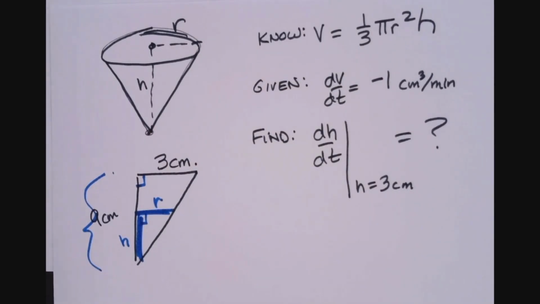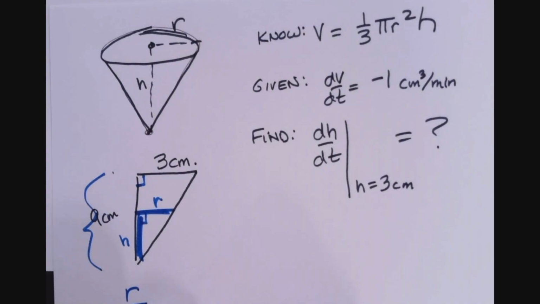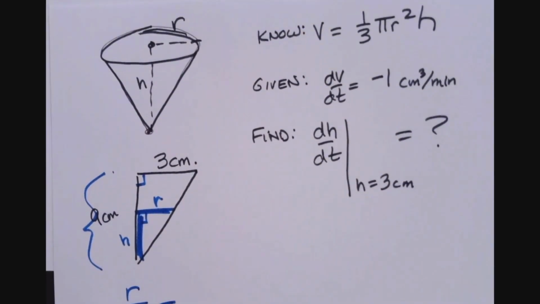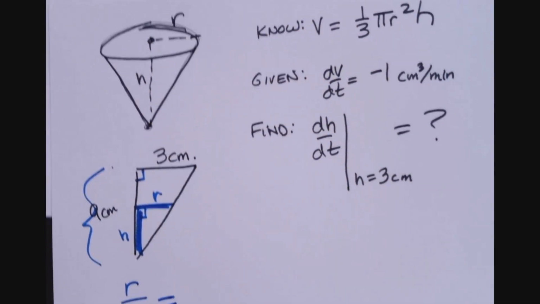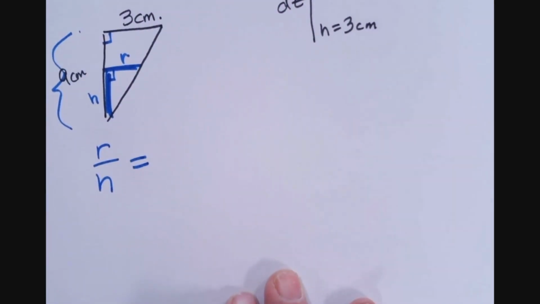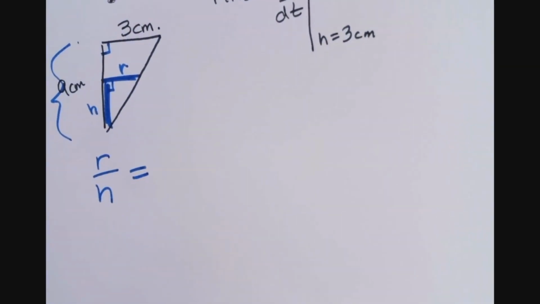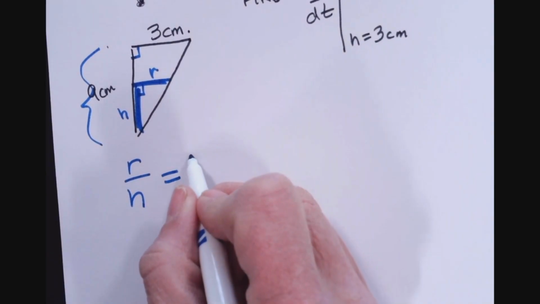You remember that? Those would be similar triangles. So we could set up a ratio here. The ratio of, I don't know, a lot of different ratios, but R over H. What would R over H equal? 3 over 9.